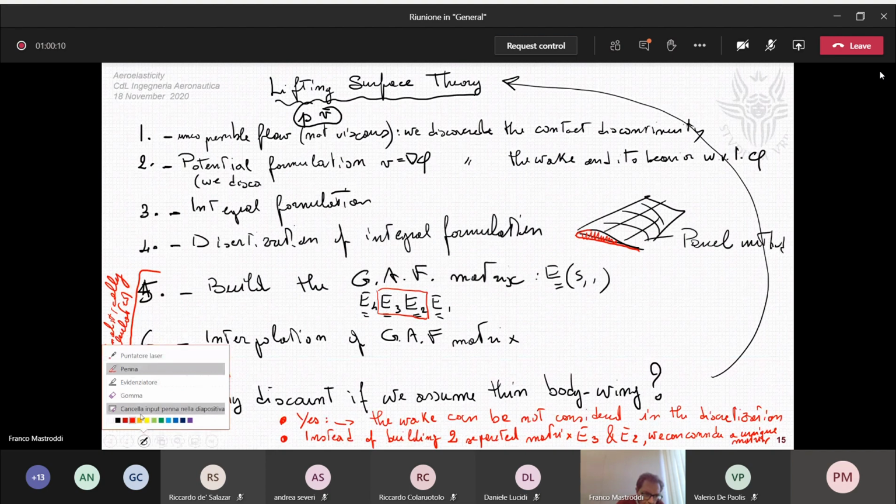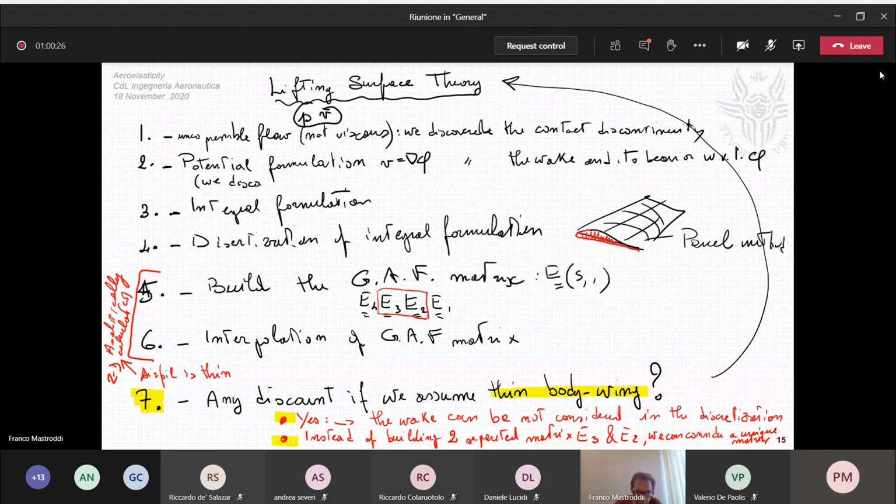So I want to consider this last point, and for thin bodies, I hope to have these two as the advantage here. Okay, and this will conclude our aerodynamic part.